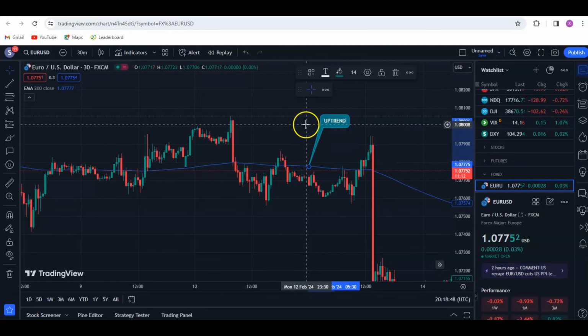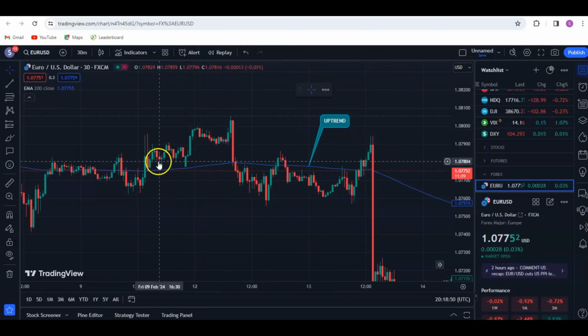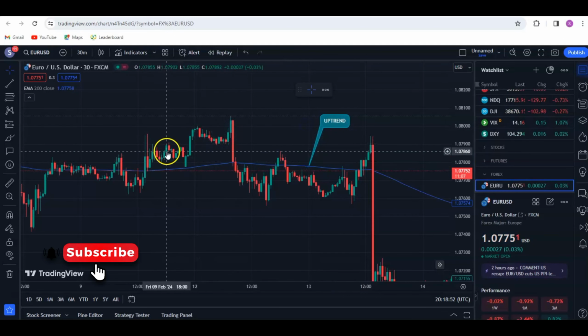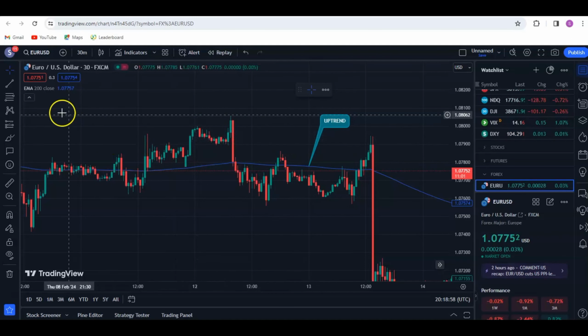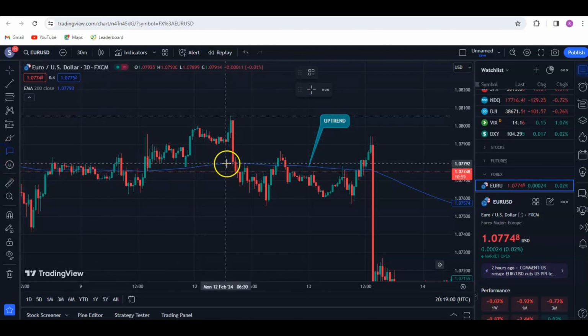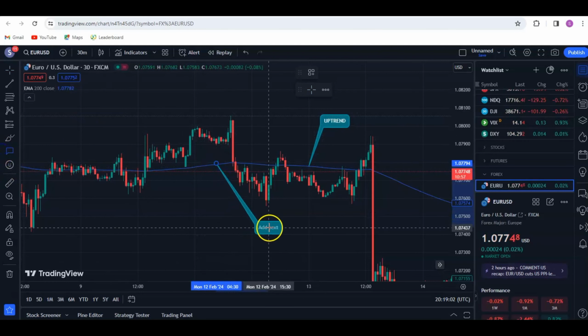So it is called the uptrend. Whenever the candles are trading above this 200 moving average, it is called the uptrend. Whenever we have the candles trading below our 200 MA, it is called the downtrend.